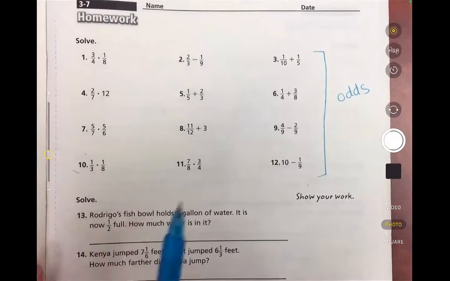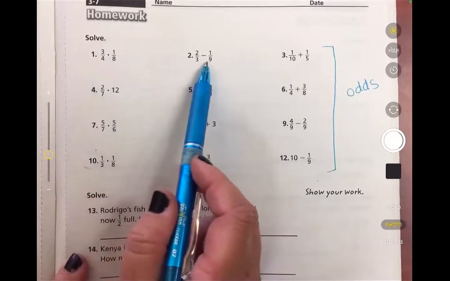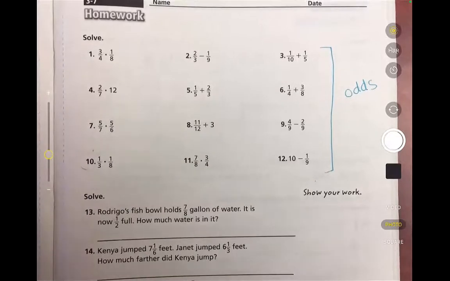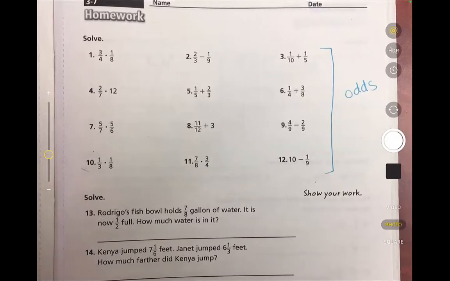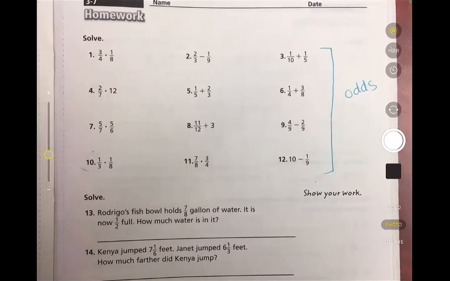But keep in mind, you need to look at the symbol because some are multiplying, some are subtracting, some are adding. So if it is adding or subtracting, what do you have to do? You have to find a common denominator. Yes, you cannot add or subtract without finding a common denominator.